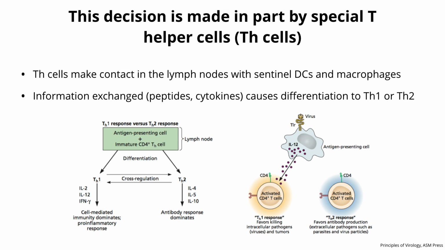So when you want to make a vaccine, for example, you need to know what is important for protection, whether it be antibodies or CTLs, and you have to make your vaccine tailored in a way that will make the right Th1, Th2 response. So this happens very early, and this determines how the immune response evolves.